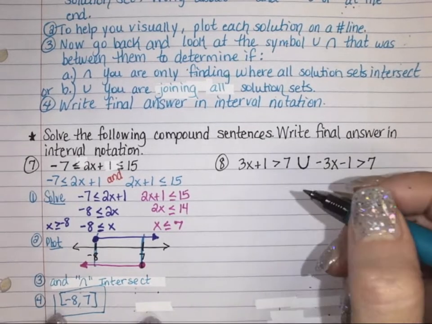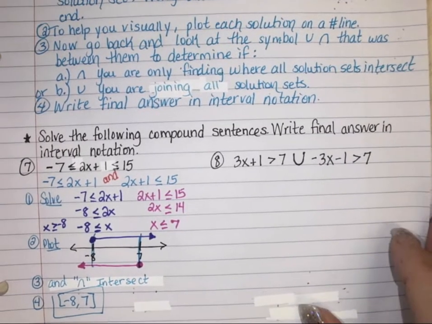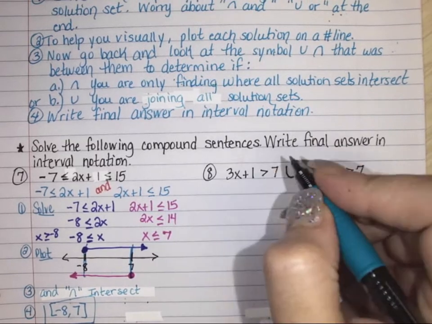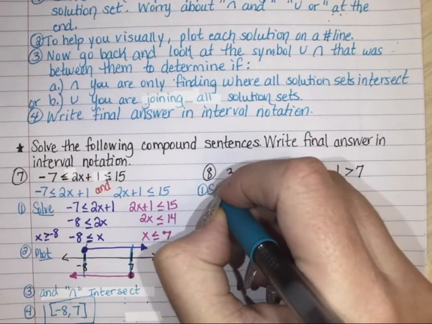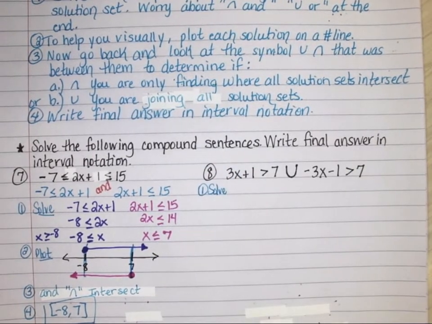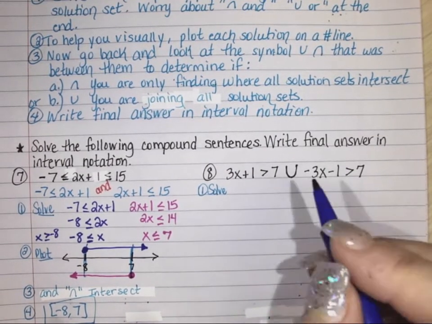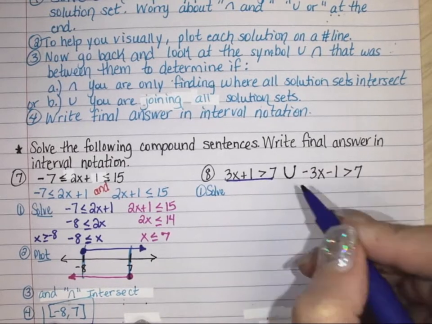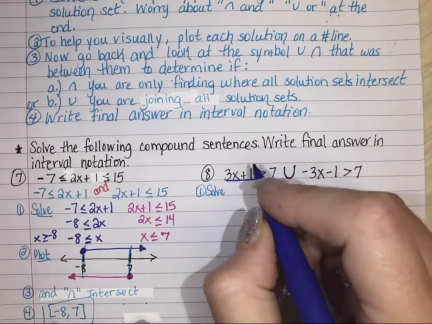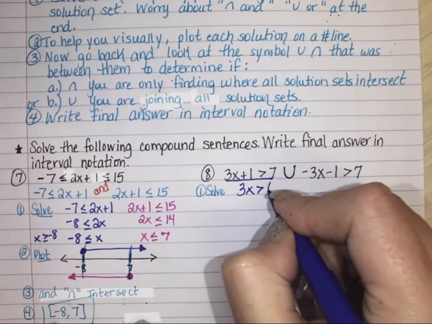Okay, number 8. Let's go through the steps. Number 1, we're going to solve each part. Let's focus on solving this part first. If we subtract 1 from both sides, we get 3x is greater than 6.